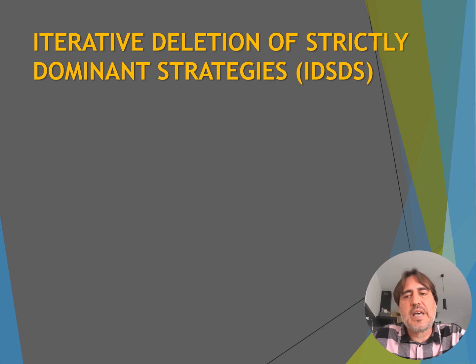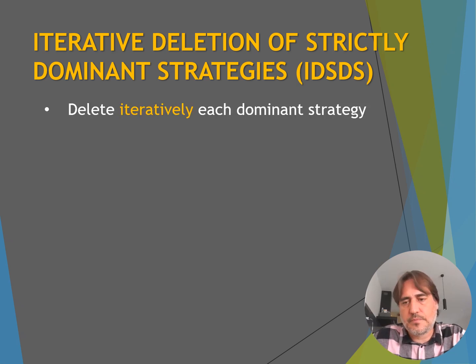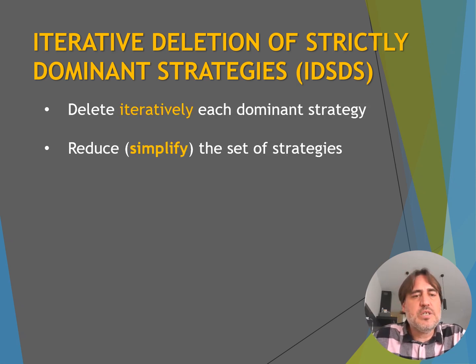In this way, the size of the game, the size of the matrix or the decision tree, is reduced at any stage of the approach, simplifying it by narrowing down the number of likely strategies. We may reach a final situation in which only one non-dominated strategy remains for each player. Therefore, this will be the solution to this game.